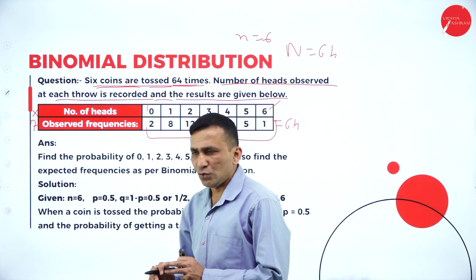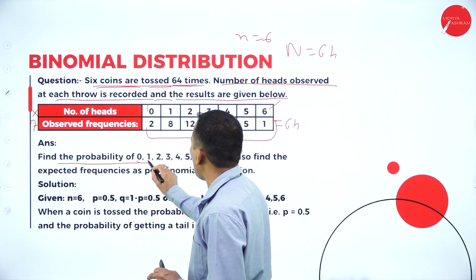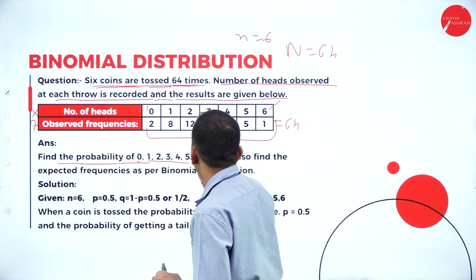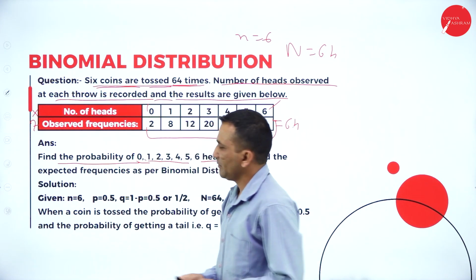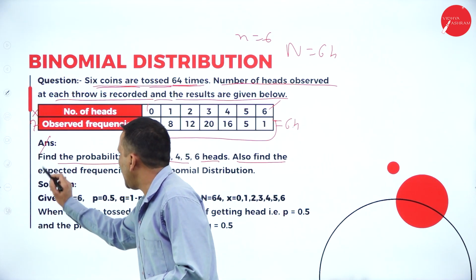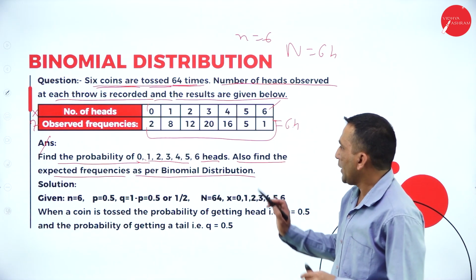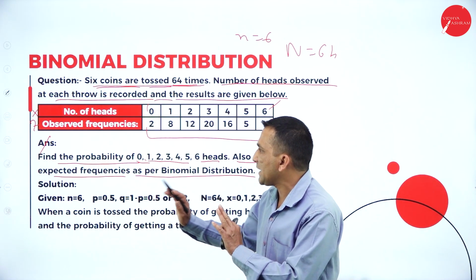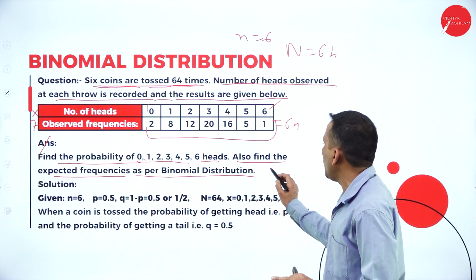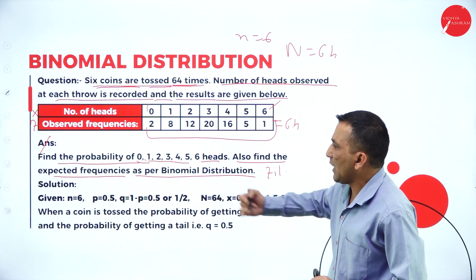Now what we need to do is find the probability of 0 to 6 heads, and also find the expected frequency as per the binomial distribution. That means you fit the binomial distribution using this formula.